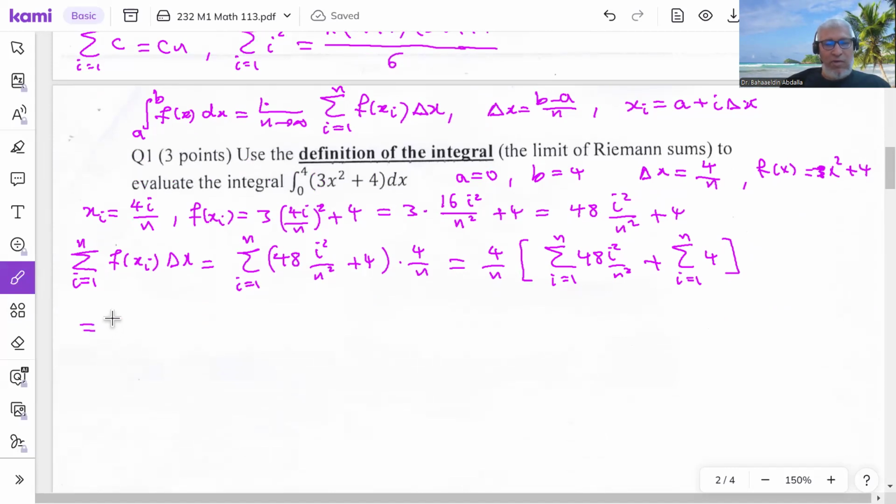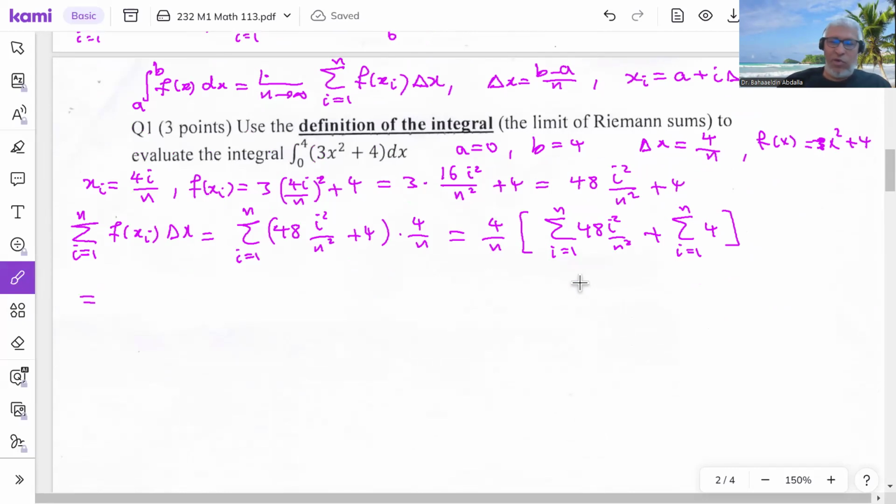So I have 4 over n times the first summation. Well, in the first summation, I have 48 over n squared, which is just a constant. So let me multiply 4 over n times 48 over n squared. 4 times 48 is 192, and n squared times n in the denominator will be n cubed.